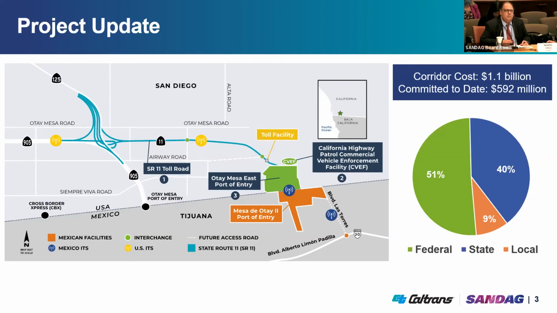We've moved forward with the project from west to east, where we have now finalized the entire transportation facilities. We are concluding all the transportation facilities, and you're going to see some pictures of some of the openings that we have had. To date, we've invested $592 million out of an estimated project cost of $1.1 billion, and Andre will talk a little bit more about that.